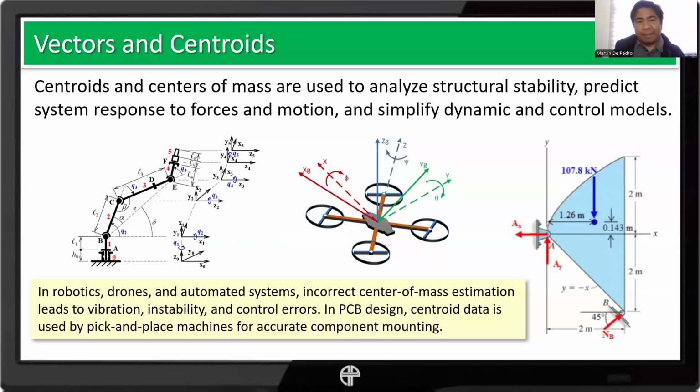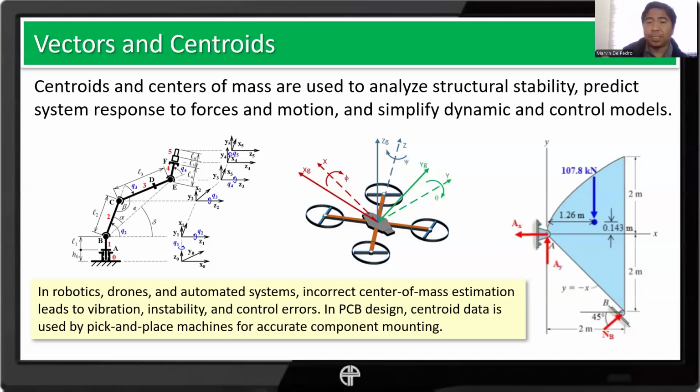That is usually possible if we design it in a way that we consider the right vector representations with respect to the object's centroids and center of mass. Because as mentioned here, not doing so could lead to vibration, instability, and control errors.